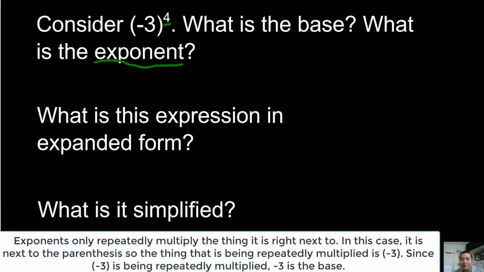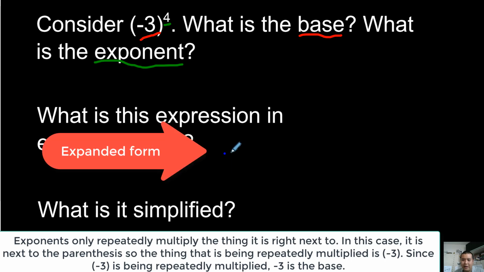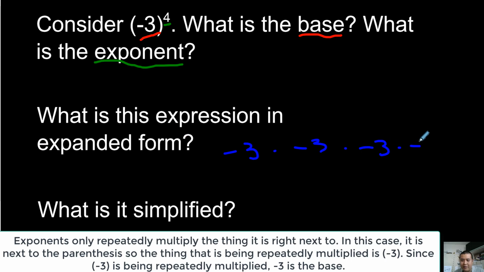So this one has a base of negative 3. In expanded form, since the 4 applies to all of the negative 3, that is going to be negative 3 times negative 3 times negative 3 times negative 3.